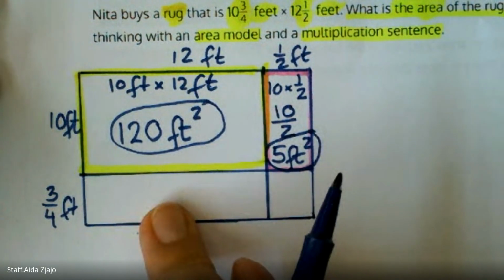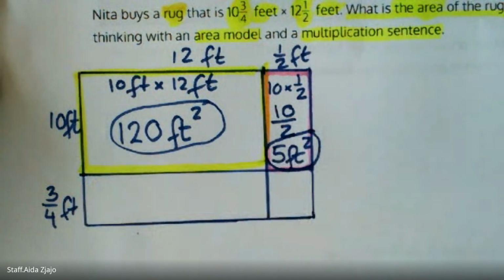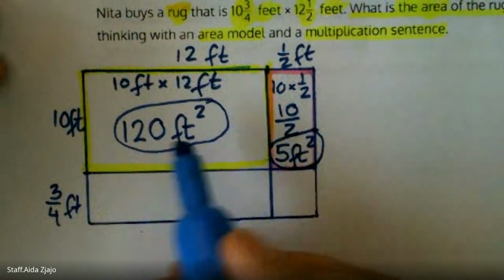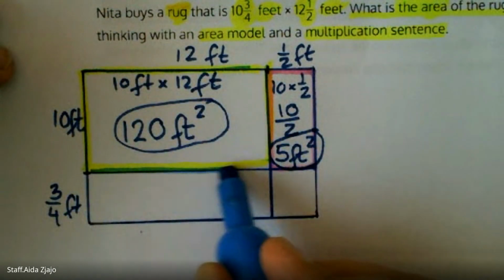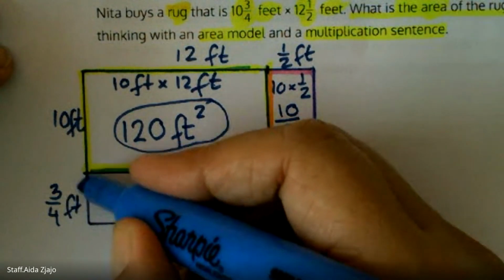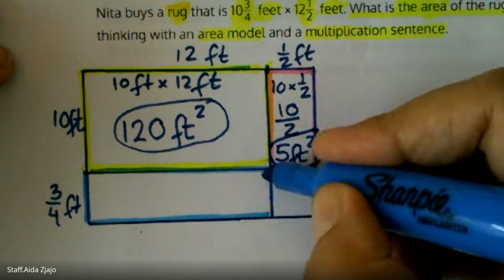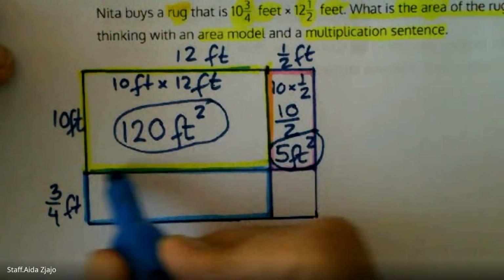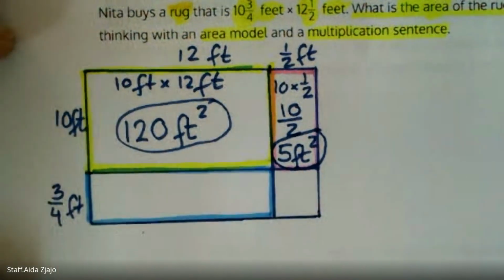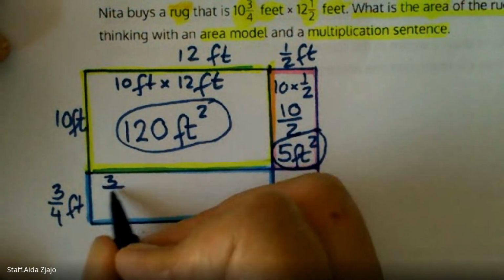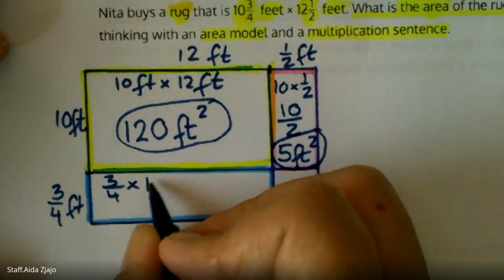Okay, let's go to this one here. This line is 12, and so is this one. And then this one is 3/4. So I'm looking for the area of this rectangle, 12 times 3/4. So 3/4 of 12.